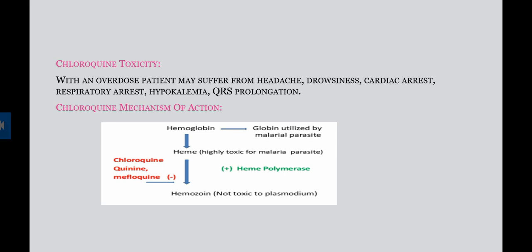With the use of chloroquine, chloroquine stops the polymerization of heme, and heme will not be converted into hemozoin. That's how the highly toxic compound heme accumulates, which is highly toxic for the malaria parasite.